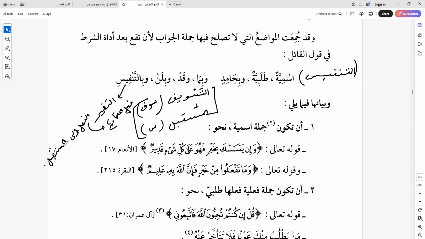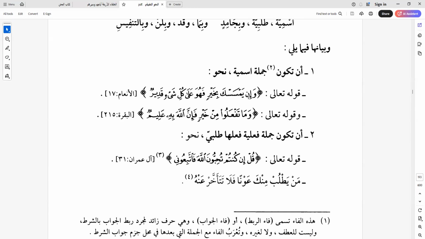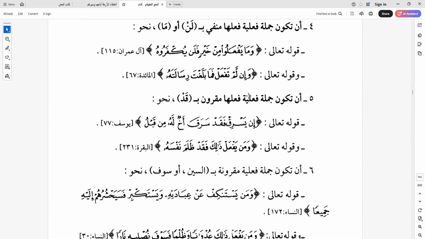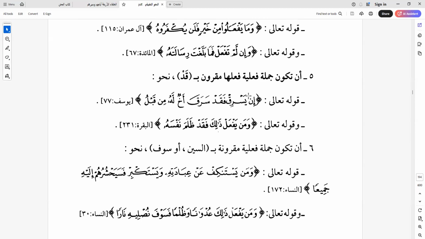Now, let's look at an example. So another way that you can introduce fa al-jawab into the jumla al-jawab is when there's tanfis, when there's a seen for the future or sofa indicating future. So let's go back to point number 6.